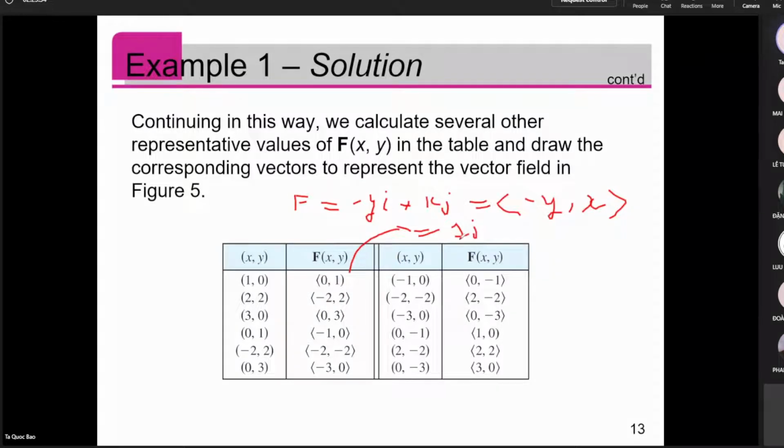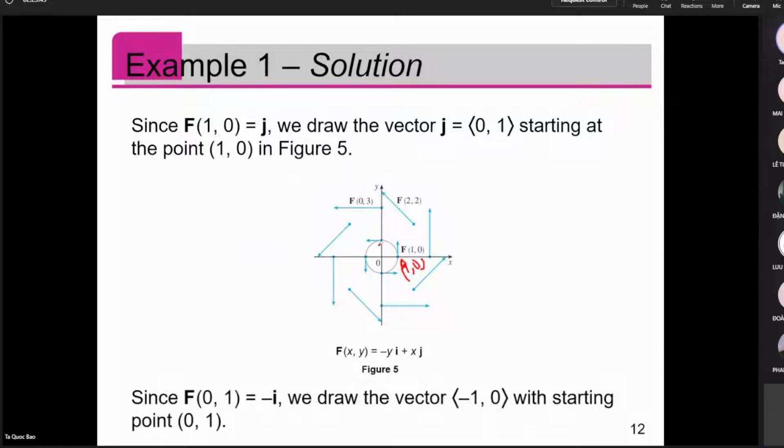Look here, F at this point becomes 1j. Because F is 1j, it is parallel to the axis OY.